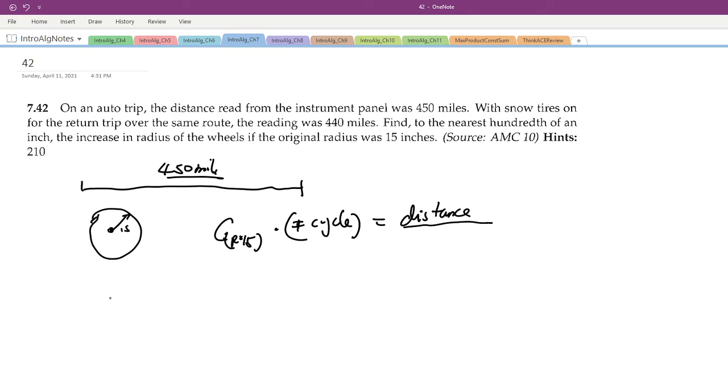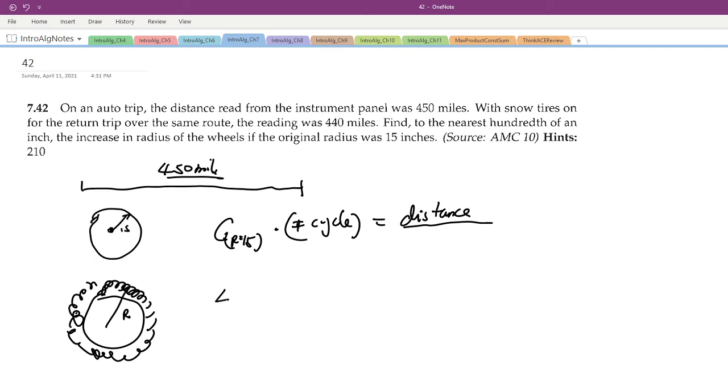But once you have the change, the radius becomes bigger. So it takes fewer cycles for you to travel the same distance. So now let's see how we can calculate it.